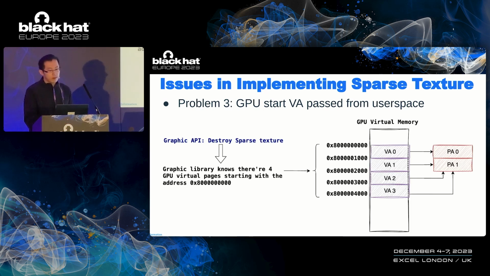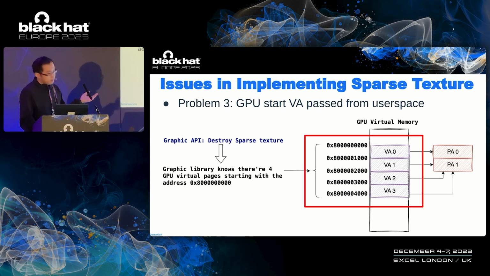Therefore, when our graphic libraries ask the driver to destroy the sparse texture, as you can see in this diagram, the graphic library has to supply the correct starting address of the GPU virtual memory to the driver, so the driver will unmap these GPU virtual pages and free the physical pages.